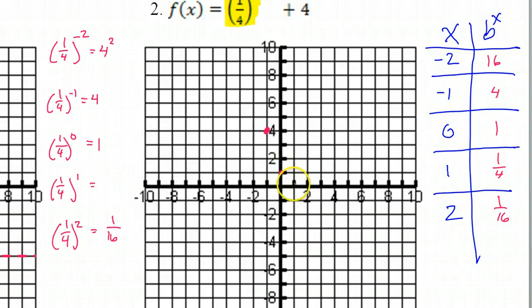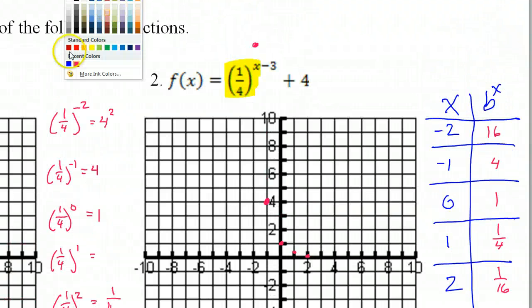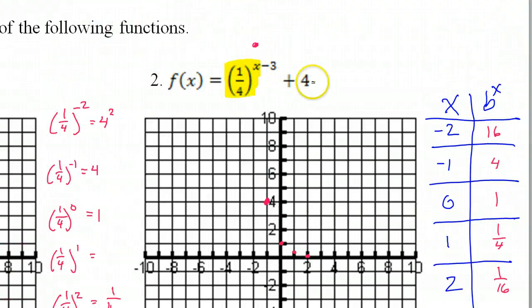At 1, we're at 1/4, which is pretty low. But at 2, we're at 1/16, which is so low that it's going to appear to be on the line, even though it's really a tiny bit above, but we don't have the resolution to show that. These are the dots that are forming the skeleton. But we will not draw the curve through them because this is not the real deal. For the actual function, we will have to do these transformations.